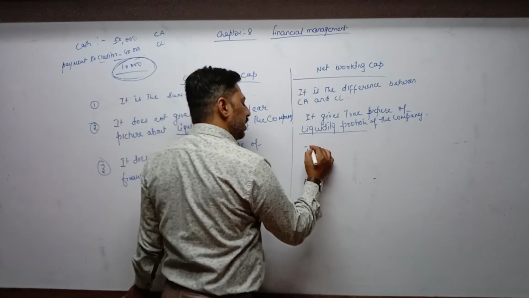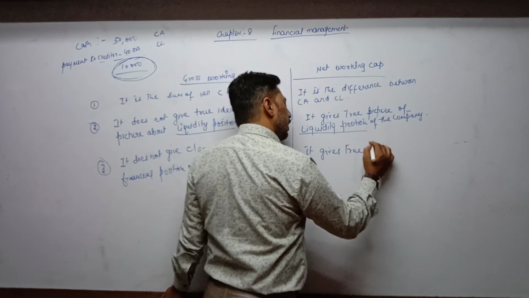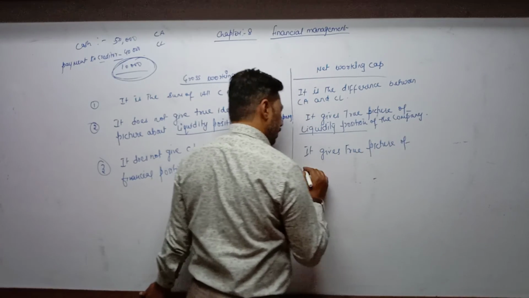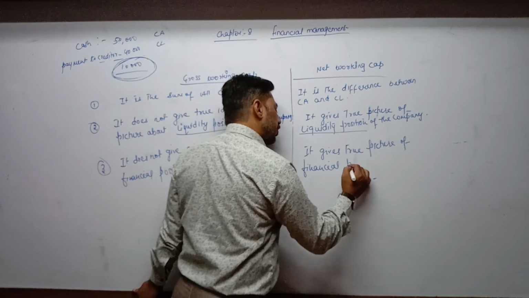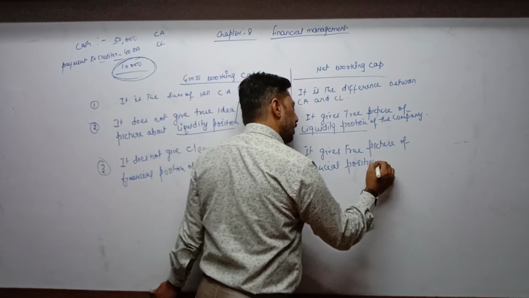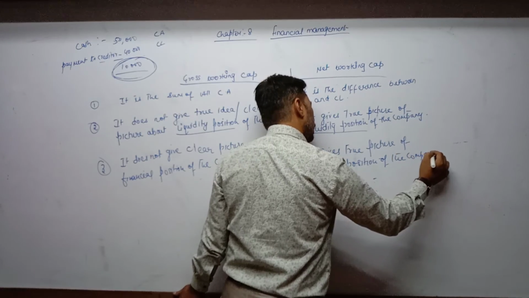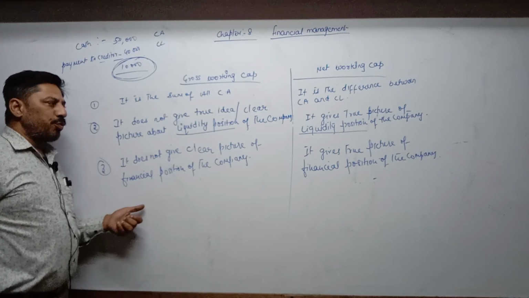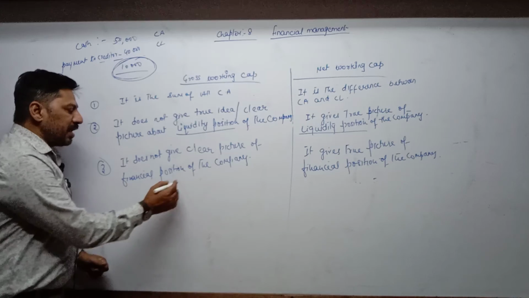But net working capital gives a true picture of the financial position of the company. One more point is left. We will try to complete the fourth point in the next lecture. Here, right now, it does not give a clear picture of financial position.